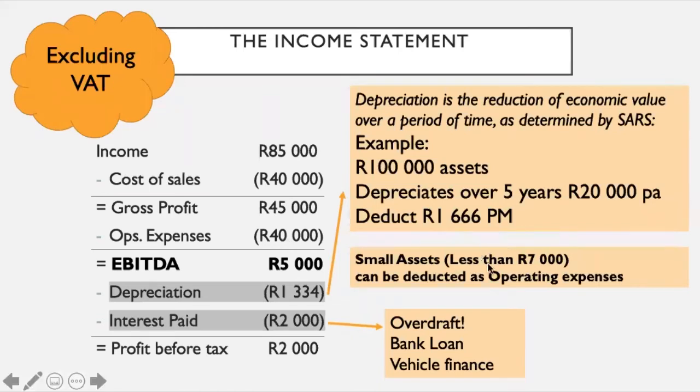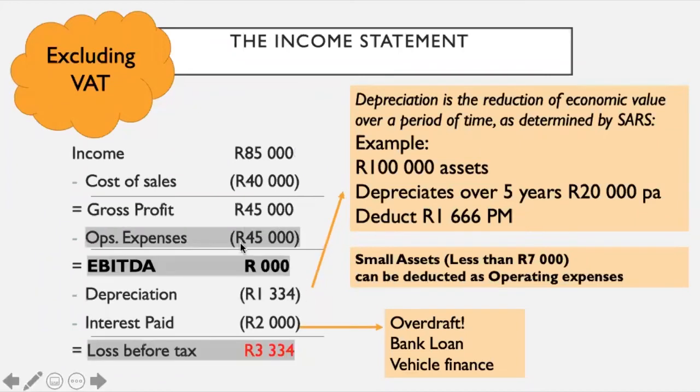So instead of putting the asset into our non-current assets and depreciating it over 3 or 5 years, we deduct that 5,000 Rand as a small asset, in one shot, in our operating expenses. So look what it does. We go from 40,000 Rand operating expenses to 45,000 Rand operating expenses. And in this example that we've been using, it actually then gives us a loss.